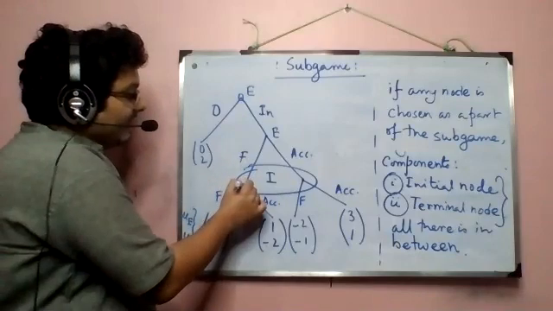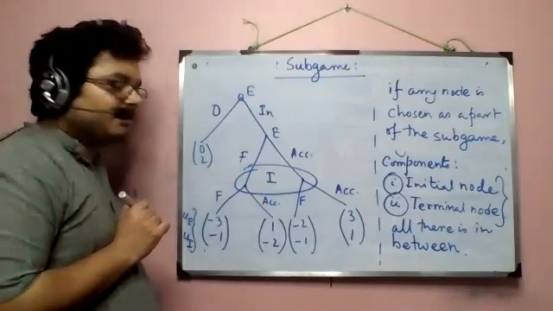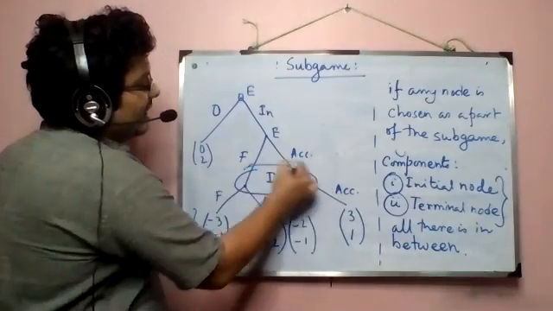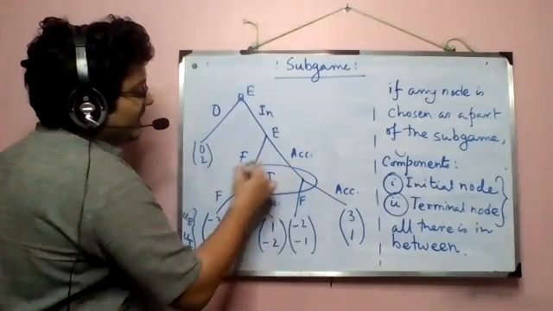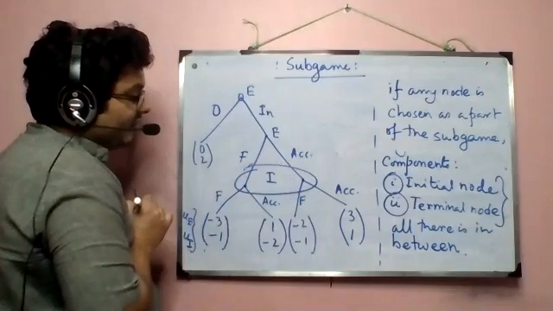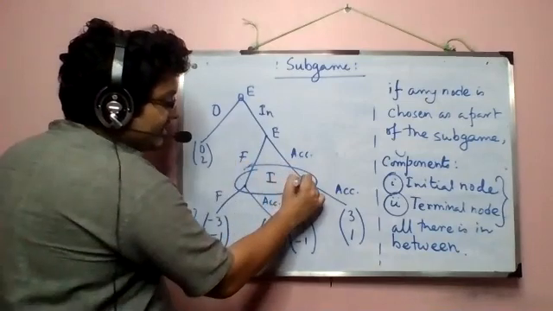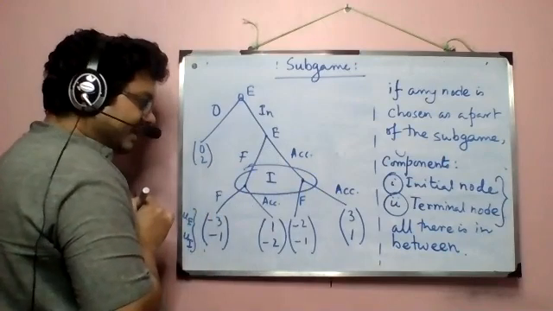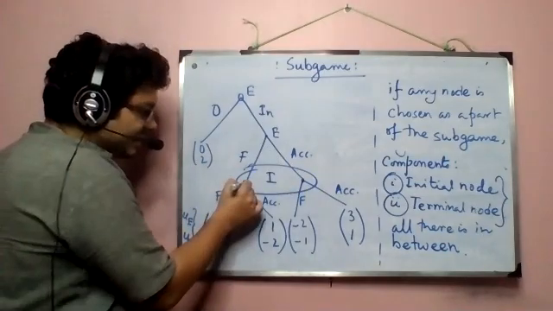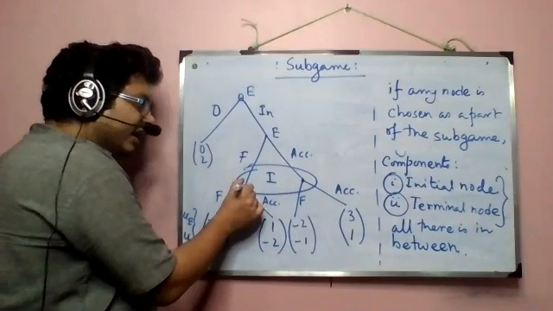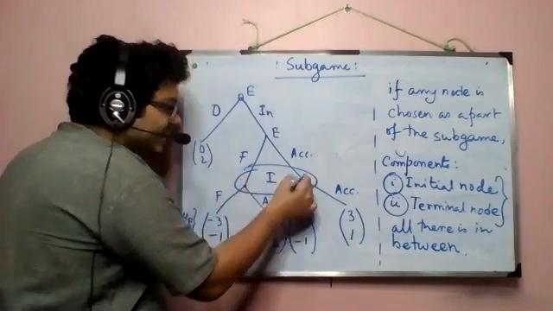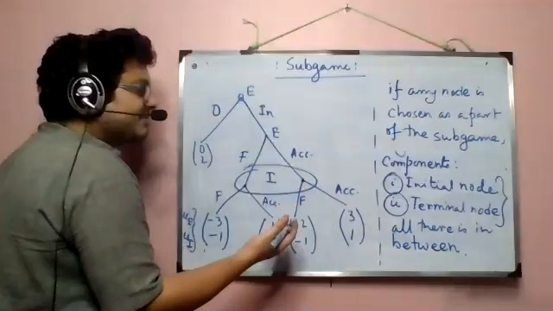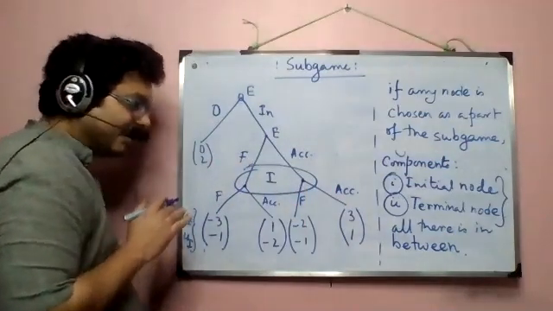So I have chosen this node, and I know that this node belongs to this ellipsoidal kind of information set. And there is another node, this one, which belongs to the same information set. That means that if I take this node to be a part of my subgame, then this node on the right side automatically becomes a part of the subgame.